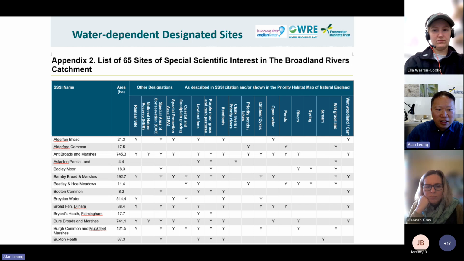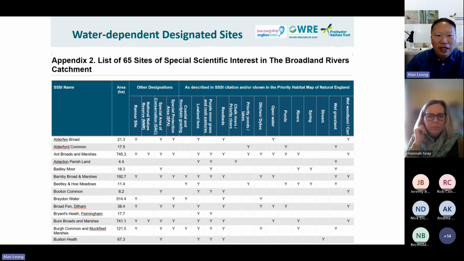Here is an example of how we determine whether a site is water dependent or not. Basically, we look into the details of the SSSI citation, as well as the priority habitat maps produced by Anglian, so that if the SSSI or designated site includes some freshwater habitats, then we consider it a water-dependent designated site.